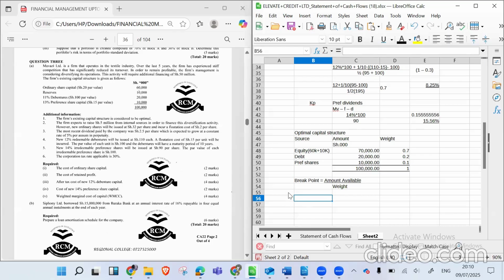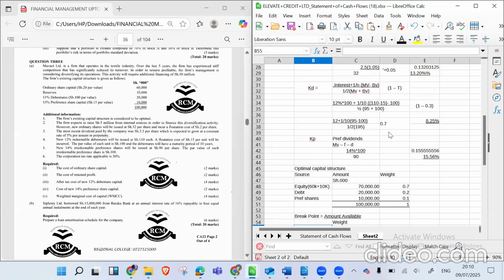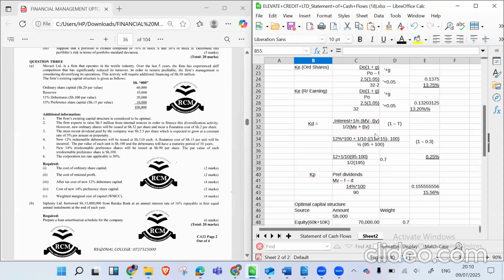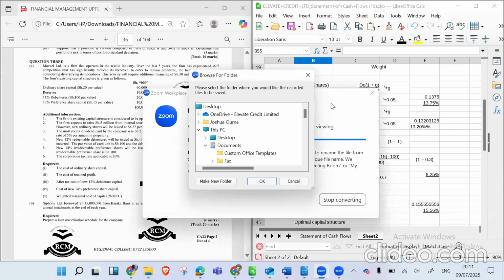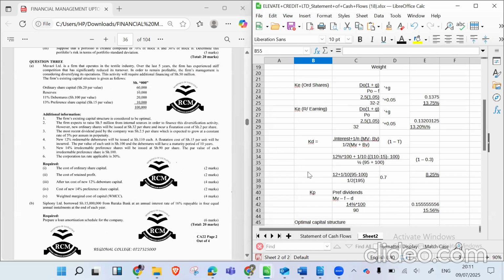The breakpoint will always arise where I have more than one source in a given component. For all our components, equity as a source has two components, retained earnings and ordinary shares. So I have two components in a source called equity.